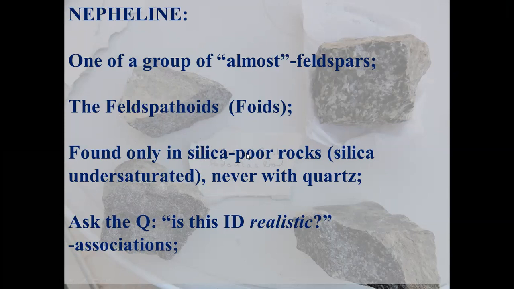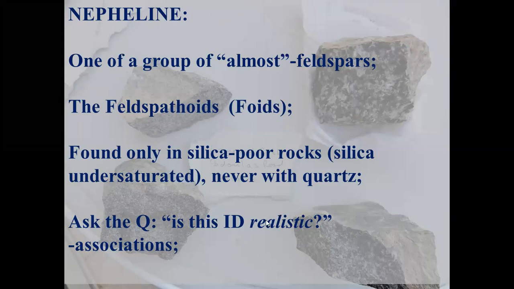But if you're silica poor, what we call silica undersaturated, then there isn't enough silica to make feldspar, which is an aluminosilicate, a sodium aluminosilicate. If there isn't enough silica, then you make these feldspathoids instead. Nepheline is one of the common feldspathoids.